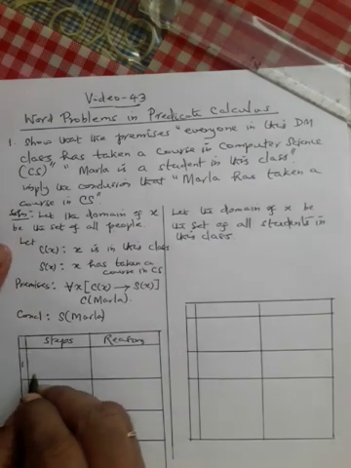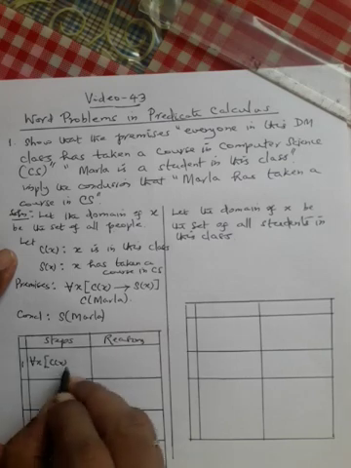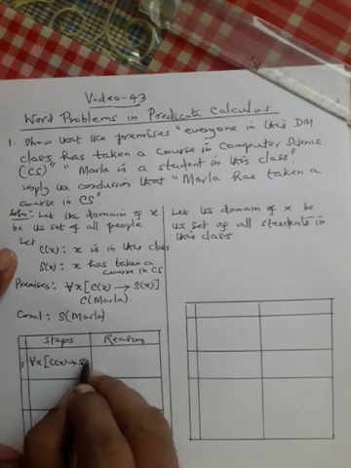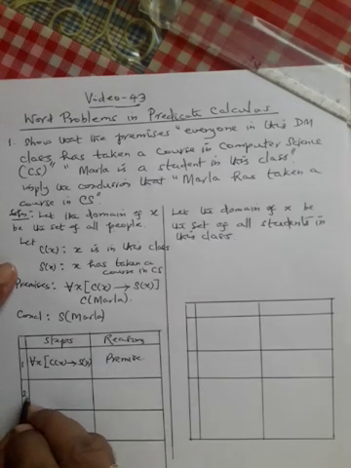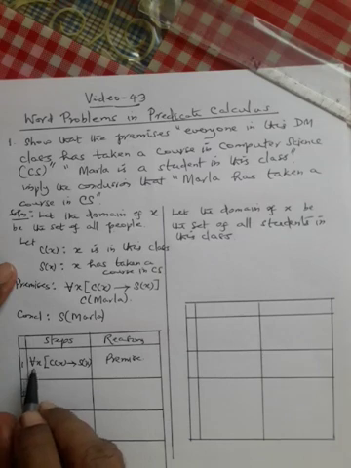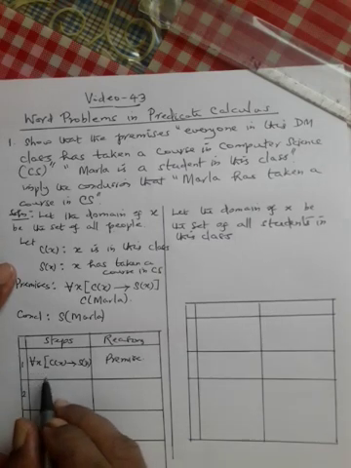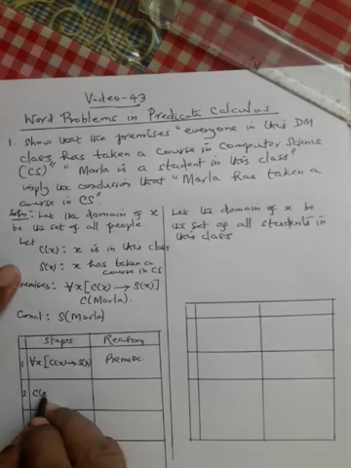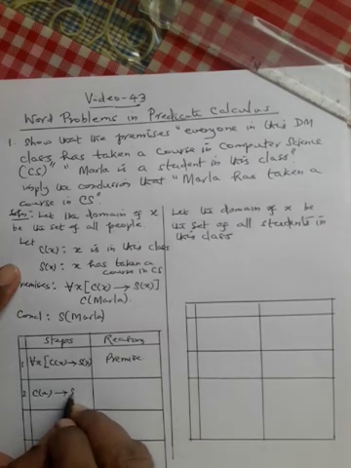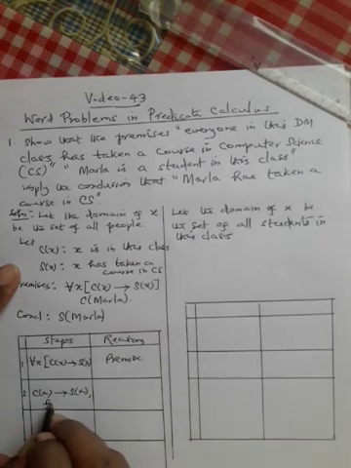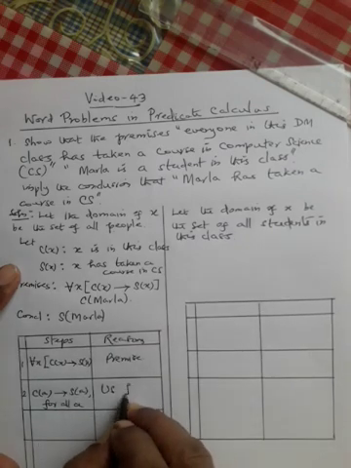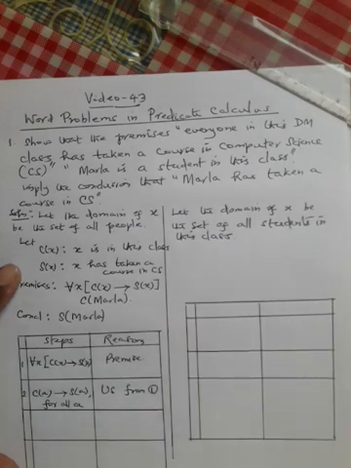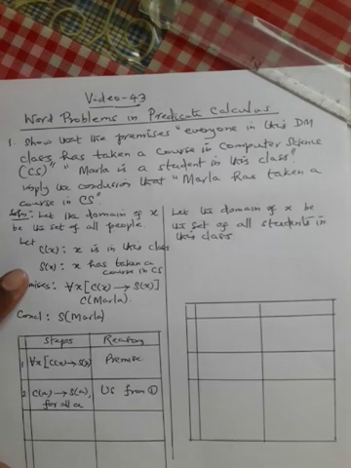Number one, we consider the premise: for every x, C of x conditional S of x. Now we go from universal generalization to universal specification. That is, C of a conditional S of a for all a. This is universal specification from 1.